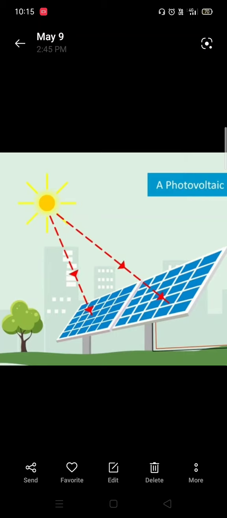You know, in your daily life you use solar cells in various applications, right? So how is this energy produced?